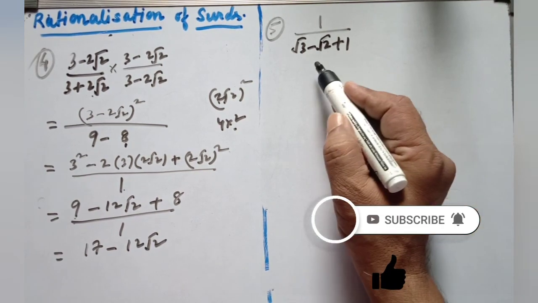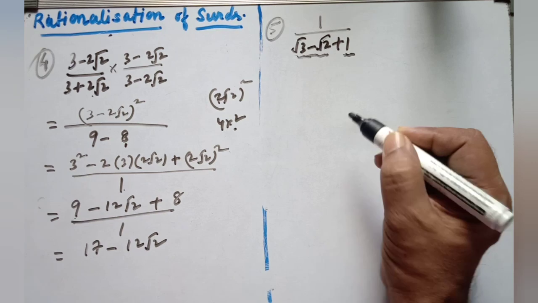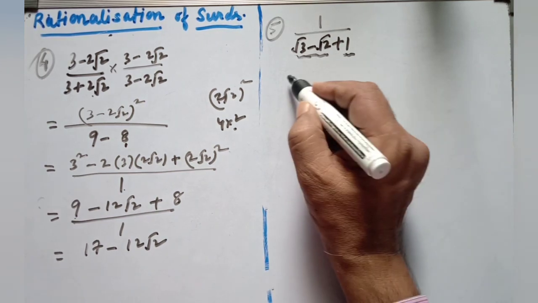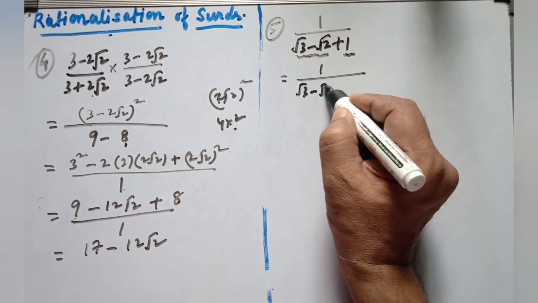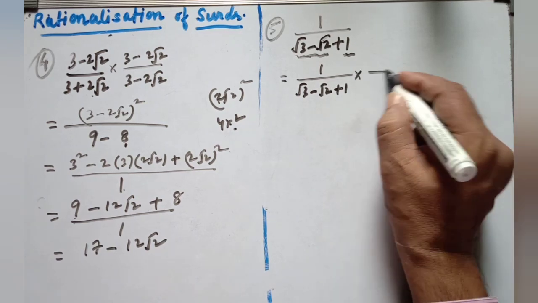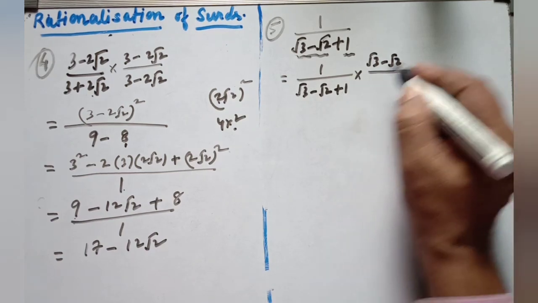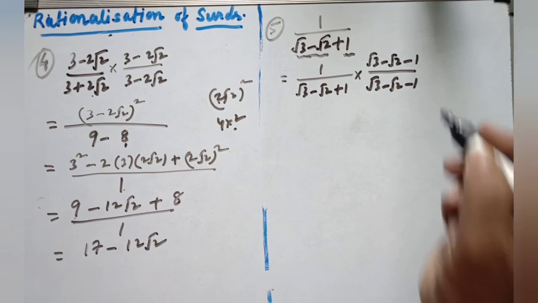In this case we take these two as one term and this is the second term. What is the sign here? Plus. So we change this sign. So this is 1 by root 3 minus root 2 plus 1. We multiply both numerator and denominator by root 3 minus root 2 and change this sign, minus 1, root 3 minus root 2 minus 1.